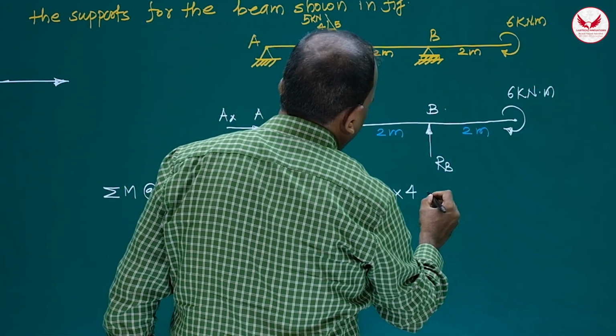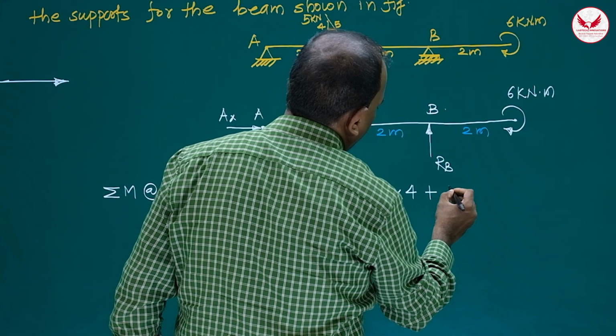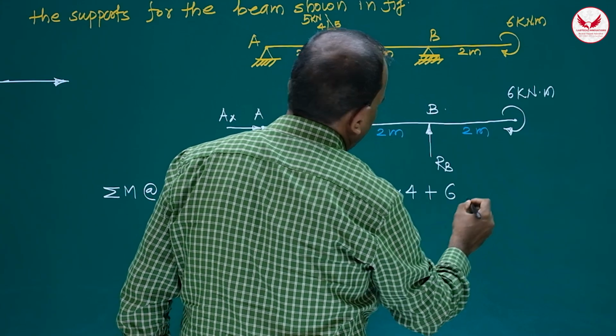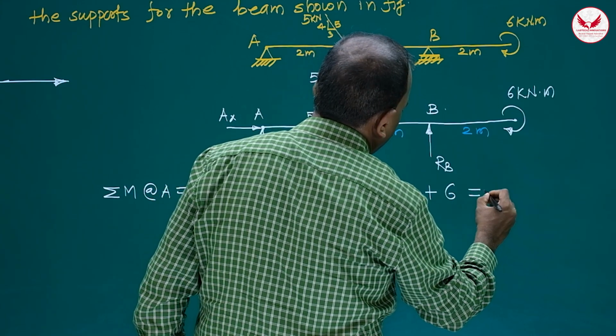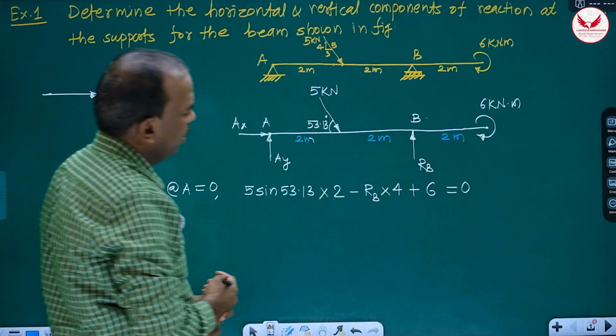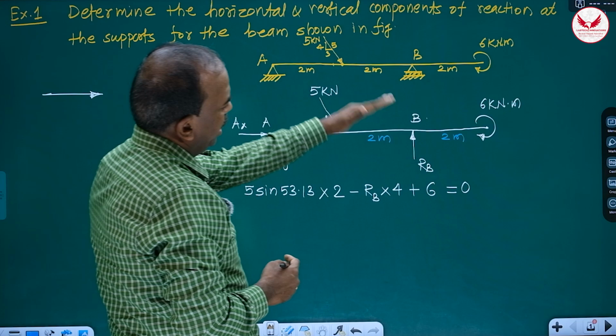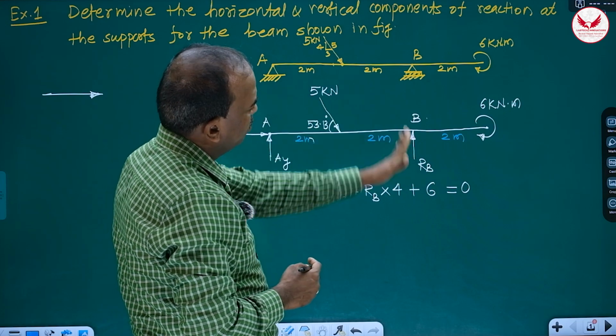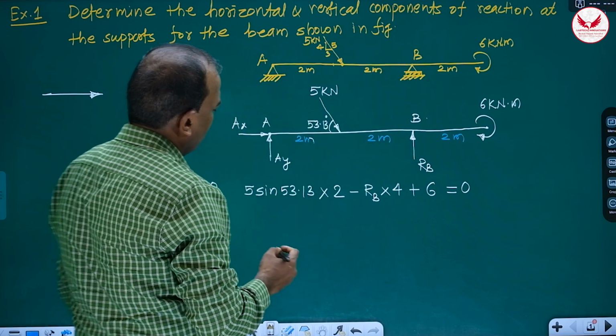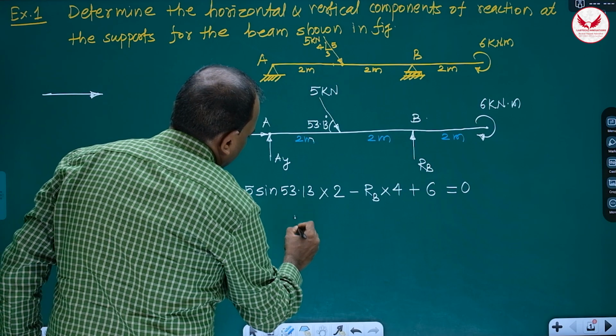Do not multiply the couple by the distance. Only we have to write, if it is clockwise plus 6, if it is anticlockwise minus 6. Now here it is clockwise. Means from this we will get the reaction component at B. It is vertical component only. Then what we'll get over here?